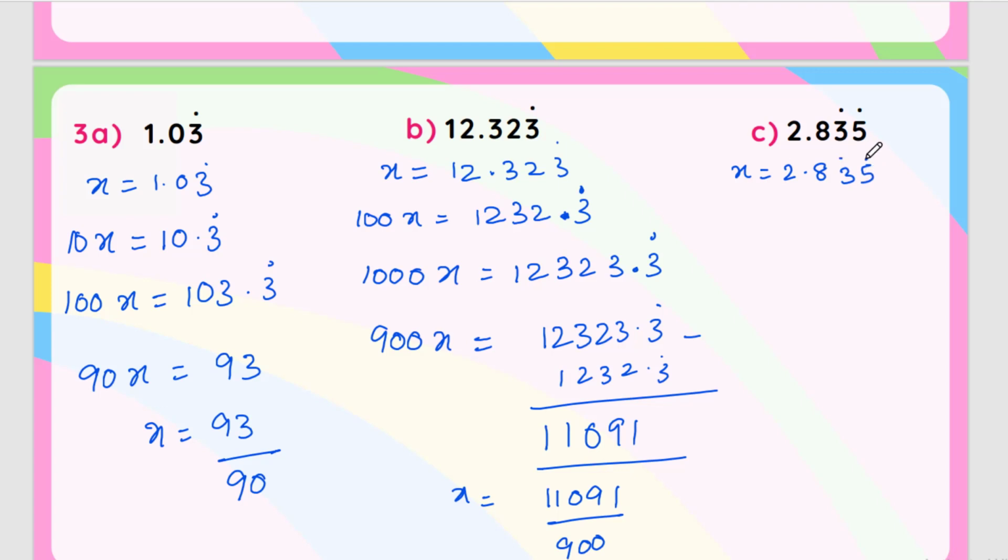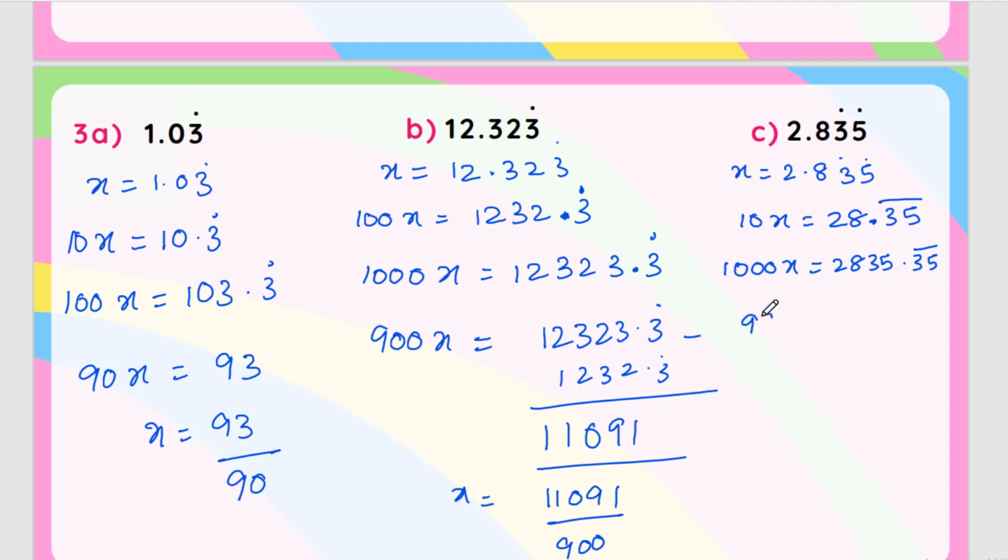2.835 repeating. Here you multiply with 10. So 10x equal to 28.35 repeating. Now you see after the decimal point 2 digits are repeating. So 10x into 100, that is 1000x equal to 2835.35 repeating. Subtract this and this.